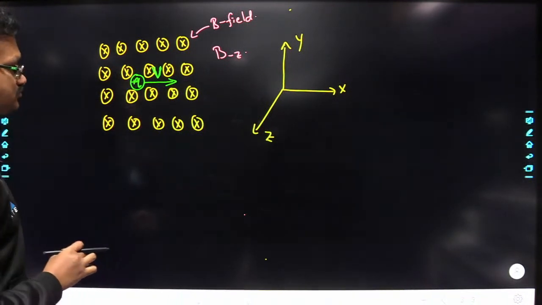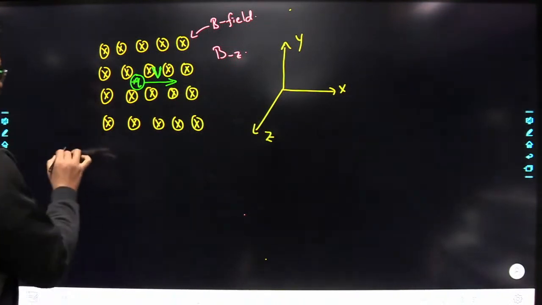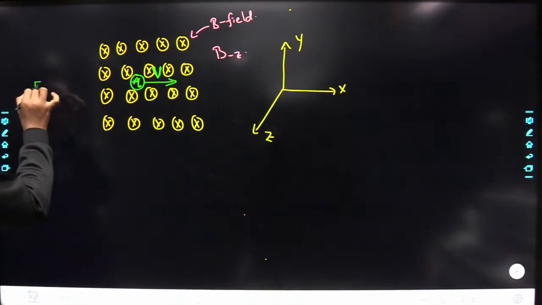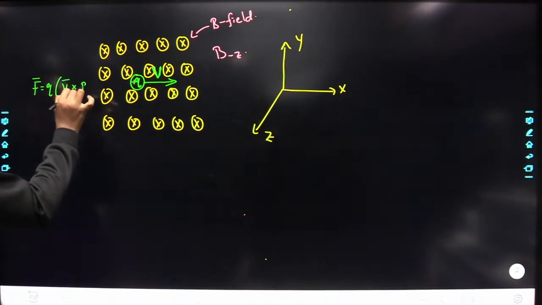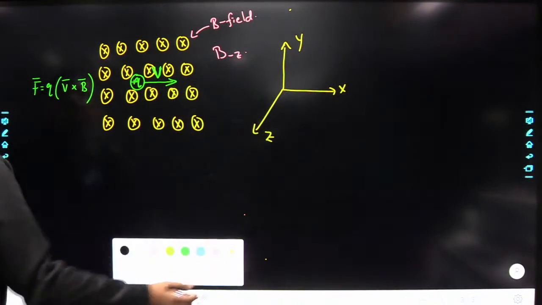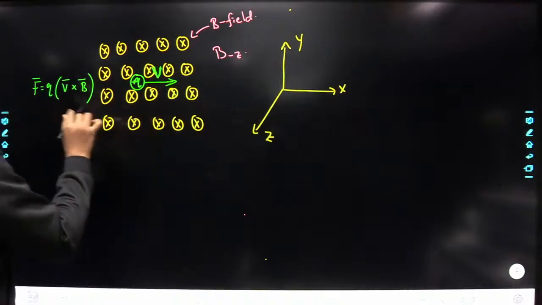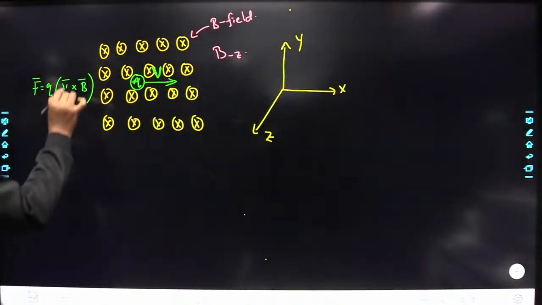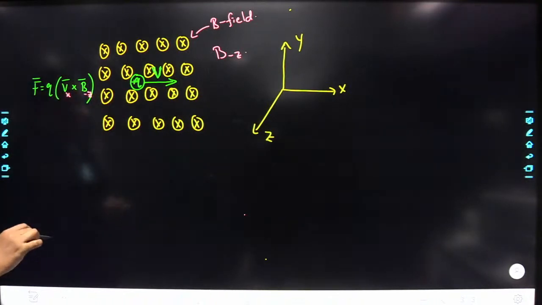What you will do is always write this: F is equal to Q into V bar cross B bar. Velocity is in X direction and B field is in negative Z direction. Understood?